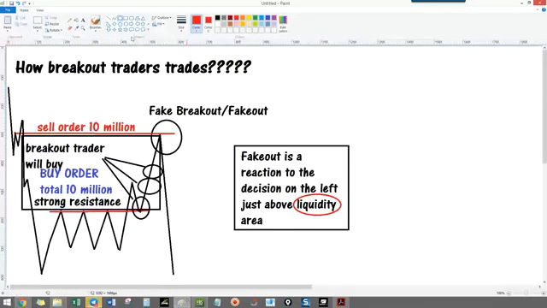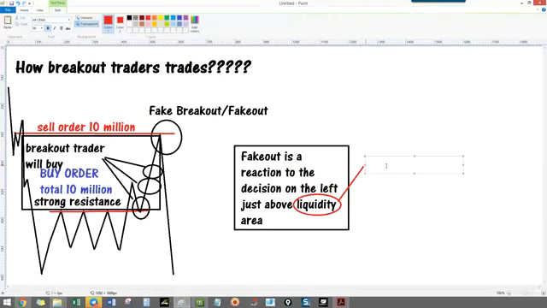is the opposite type of order from the big trader.